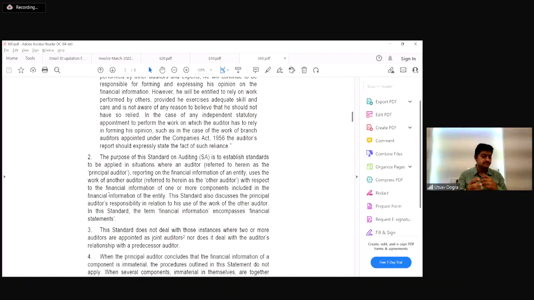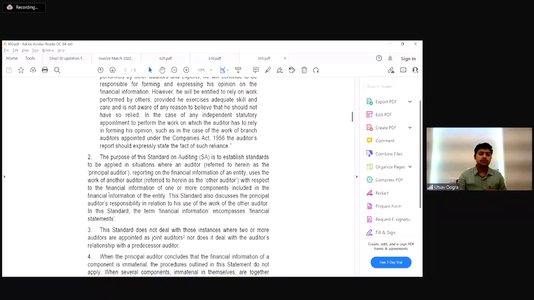This standard does not deal with the joint auditor. A joint auditor is different from the principal and other auditor. When a particular organization is being audited by two auditors together, where they divide among themselves the area of auditing, then it is called a joint audit. However, when the branches are being audited by the other auditors and the consolidated financial statement is being audited by the principal auditor, then it is called a principal auditor and other auditor.